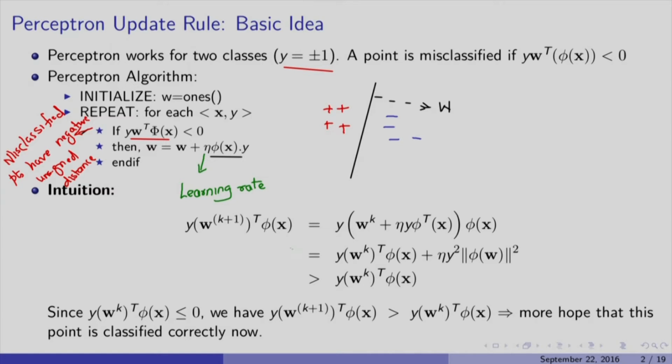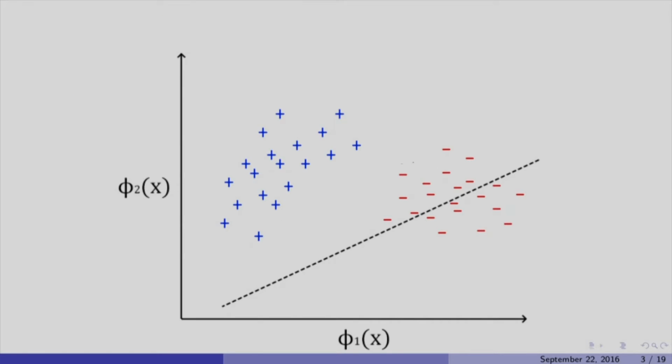And we also discussed the intuition behind the update. Following this update, we expect that the unsigned distance with respect to the new separating surface is more positive than the previous unsigned distance. So there is chance or more hope that this point is classified correctly now. So again, illustrating through the example, we pick any one of these points which have negative unsigned distance.